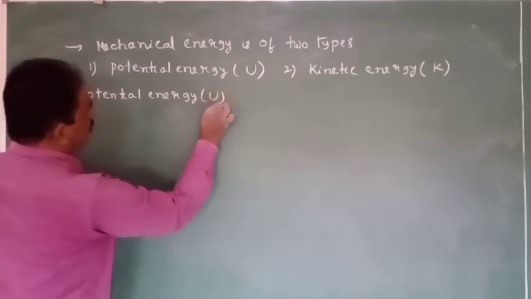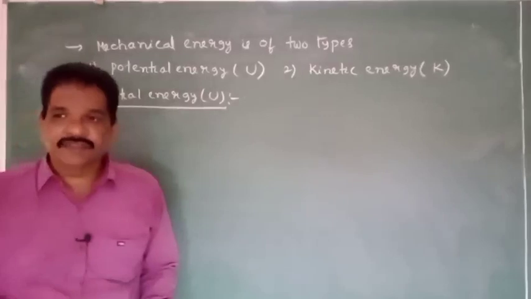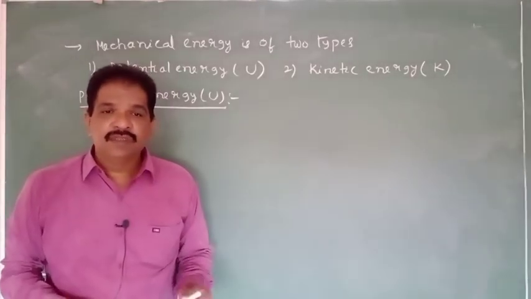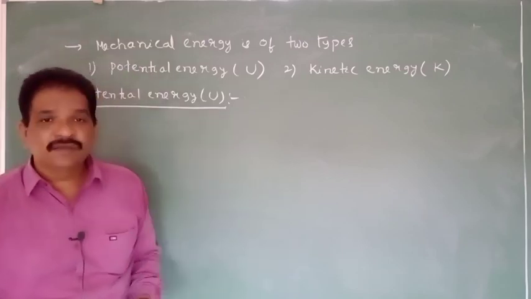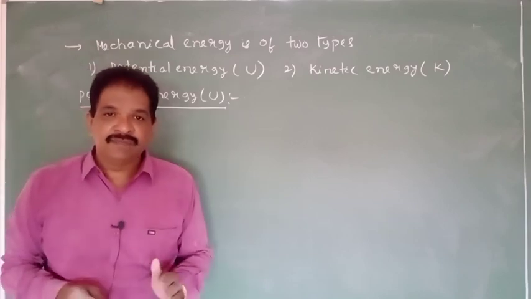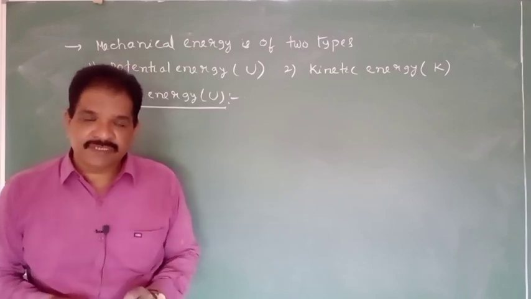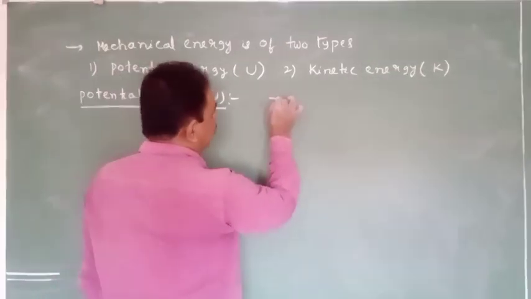It is indicated by the letter U, and we define it as the energy possessed by the body by virtue of its position is called potential energy. The energy gained by the body by virtue of its state, that will be called the potential energy.